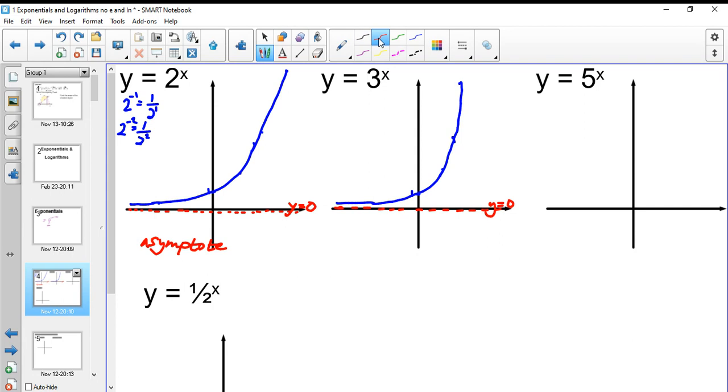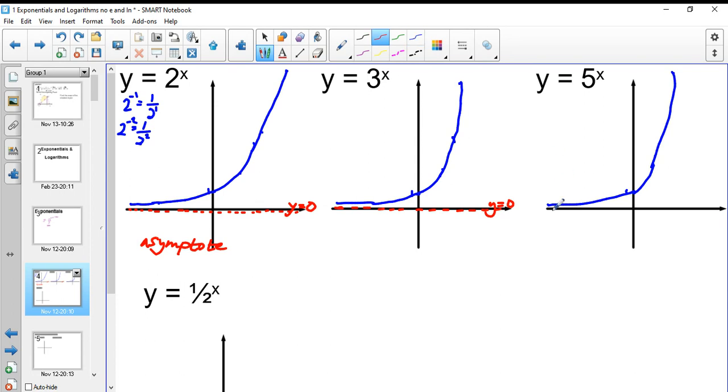y equals 5 to the x goes through 1 here, as 5 to the 0 is 1, and then it's 0.2, 0.04, 0.008, and so on. So this is going to grow very sharply and converge quicker.